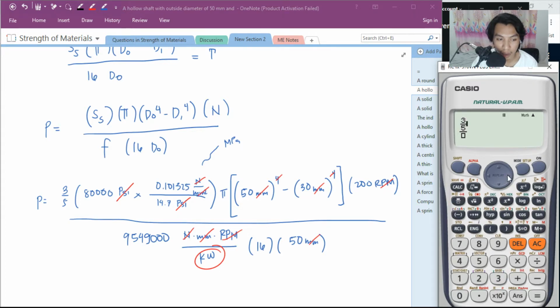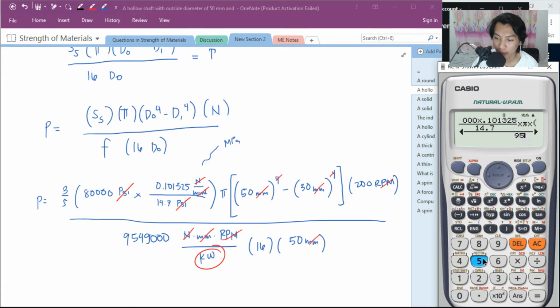Okay, 3/5 times 80 divide by, multiply ko na to ng 0.101325. 14.7 yung baba. Times pi times, okay, 50 to the fourth minus 30 to the fourth times 200.